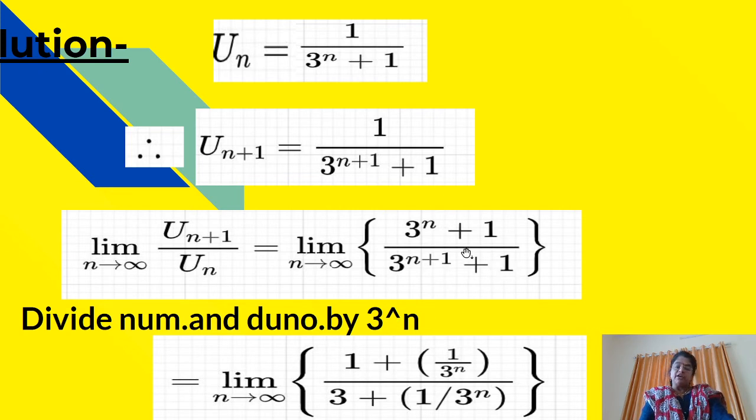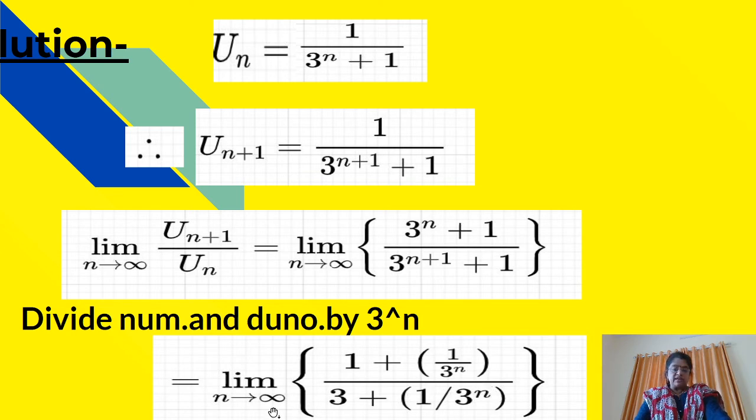Now from this un and un plus 1, we will find limit n tends to infinity un plus 1 upon un, which is equal to limit n tends to infinity 3 raised to n plus 1 divided by 3 raised to n plus 1 plus 1. Now we will divide numerator and denominator by 3 raised to n, and therefore it is equal to limit n tends to infinity 1 plus 1 upon 3 raised to n divided by 3 plus 1 upon 3 raised to n.